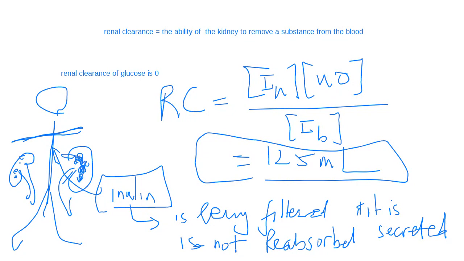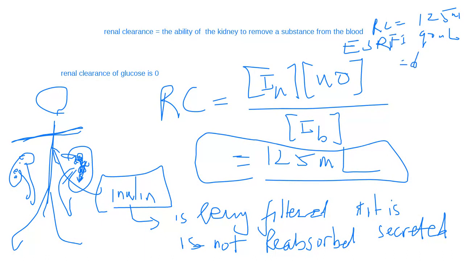So you can look at his renal clearance going from 125 ml. If it goes down to 90, we call that chronic kidney disease, stage 1.